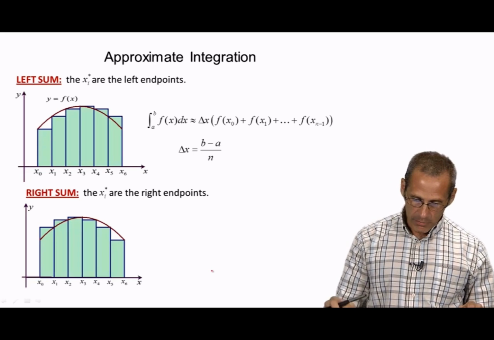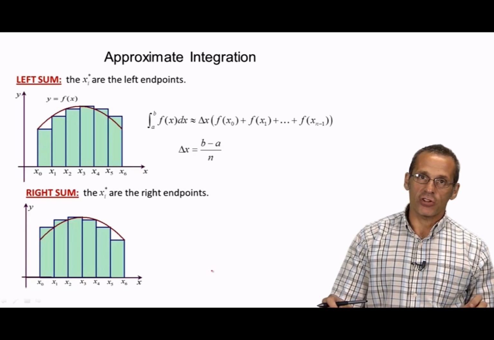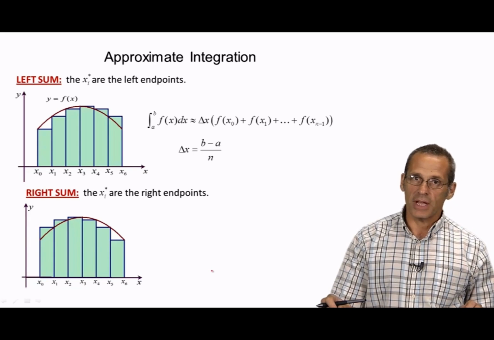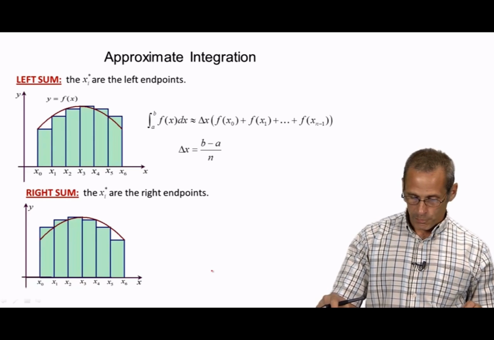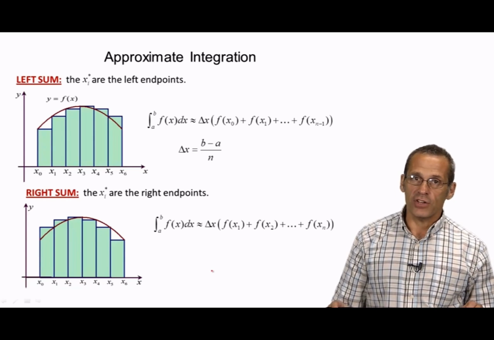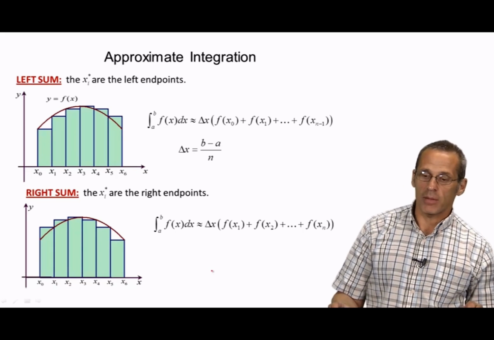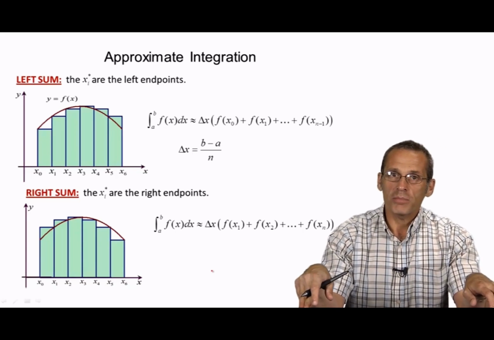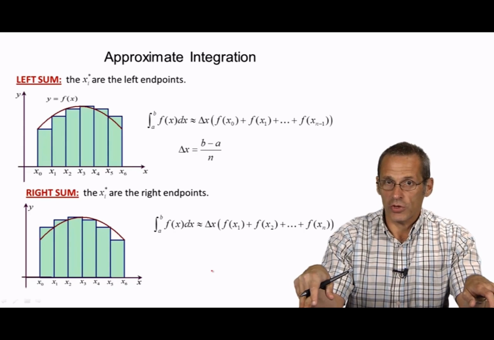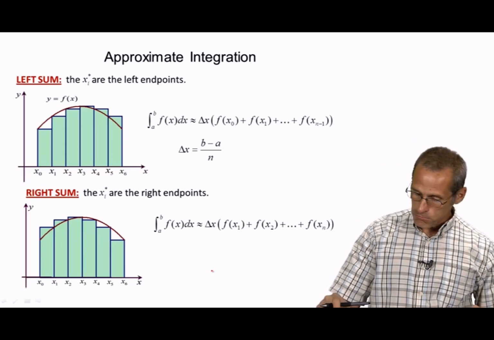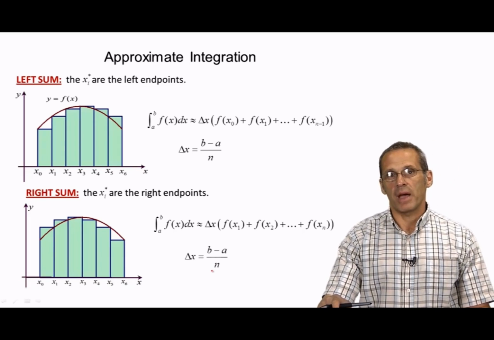Again, we have the same notion of an area under a curve, but notice in this picture, unlike the previous one, the heights of the rectangles are given by the right side of the rectangle touching the curve. And the definite integral is approximated by delta x times f of x1 plus f of x2 plus, and we continue until we get to f of xn, or f of xb. Again, delta x is b minus a over n.